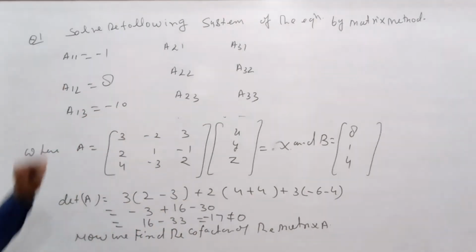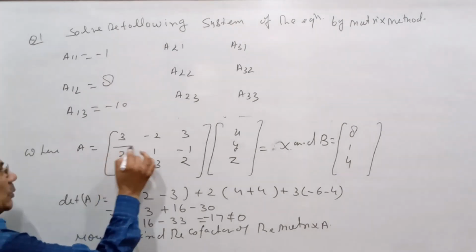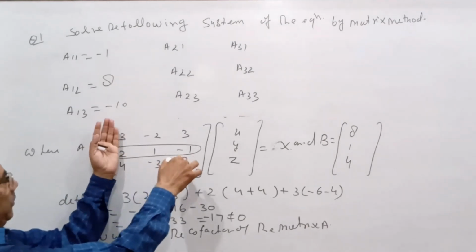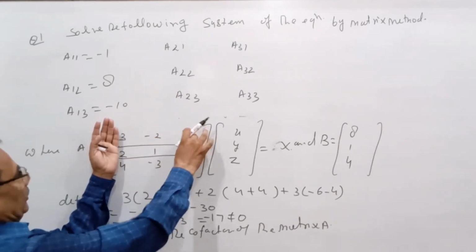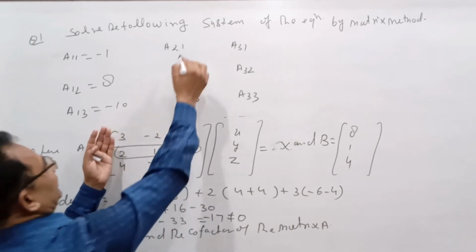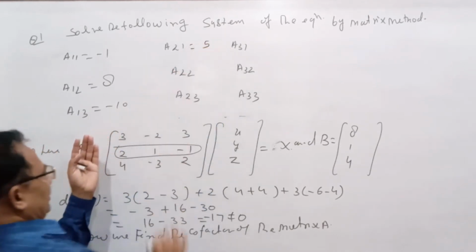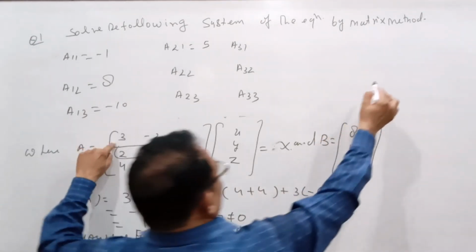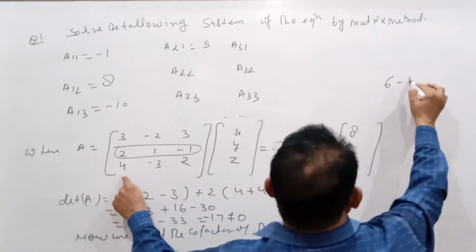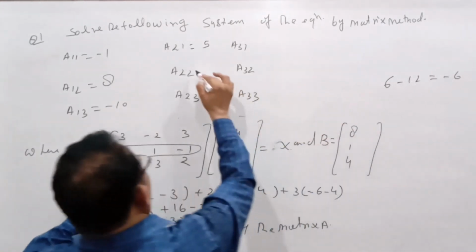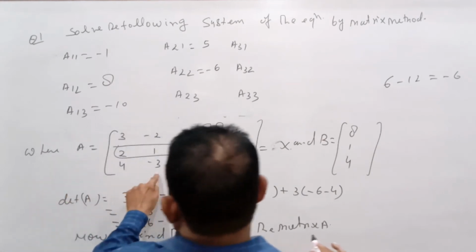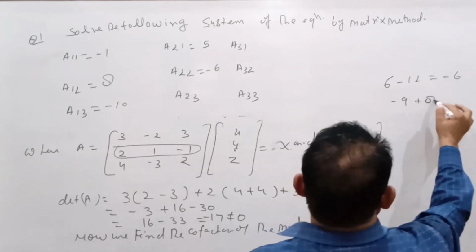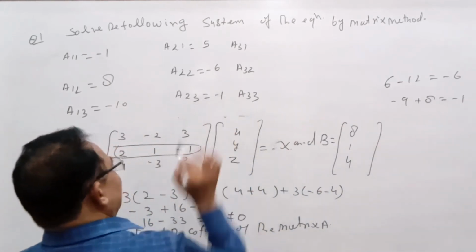Now we find the cofactor of the second row. This is -4 and +9, -4 + 9 is 5, and 236, that is 236, and -12 is equal to -6. Now -9 and +8 is equal to -1.